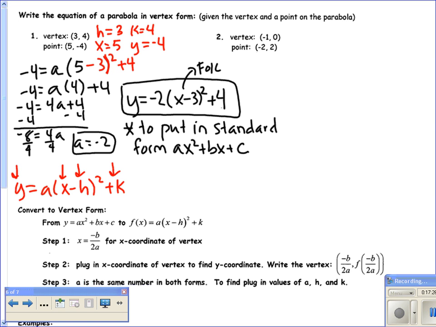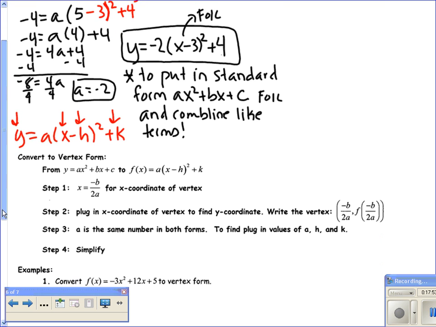So you would FOIL and combine like terms. So that's something that we will also practice. So for you guys, why don't you practice this one right here, number 2, and see if you can do that on your own, and then we'll also talk about it in class.